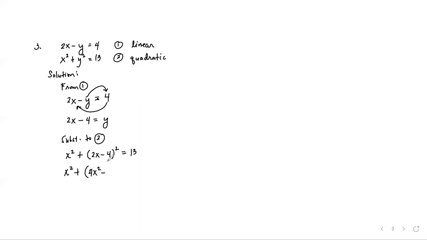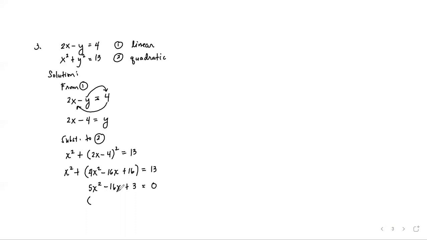And then this will be minus twice the product of the following, which will be 16x. And then the square of negative 4 is positive 16. And then again, we have equals 13. And then writing this equation in the standard form, we will be having 5x squared minus 16x plus 3 equals 0. So this is now a quadratic equation in the variable x.